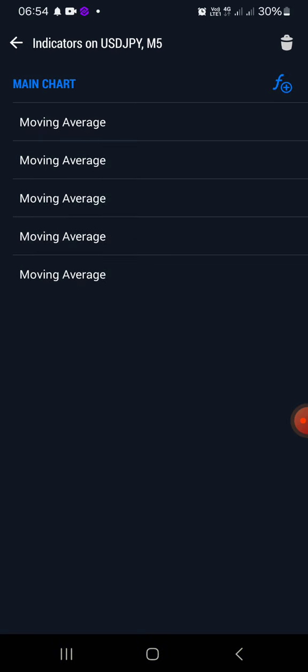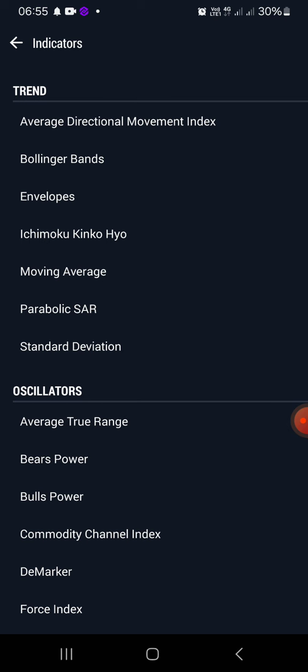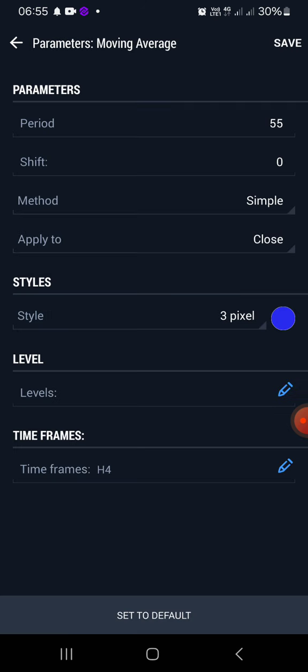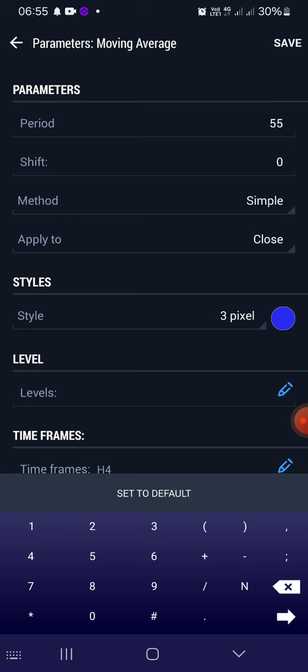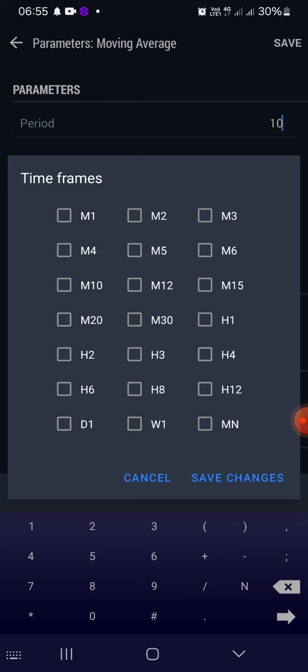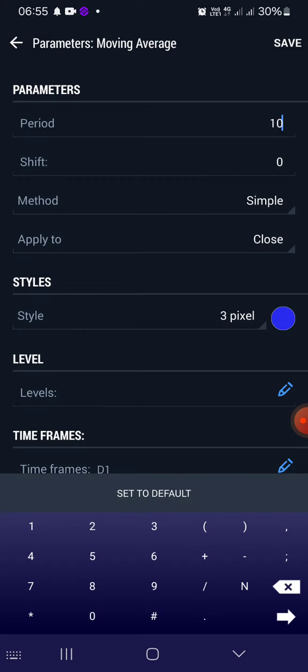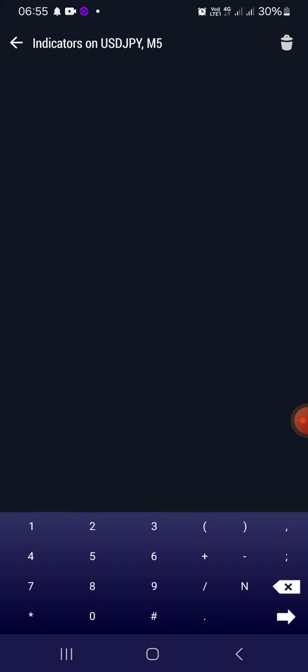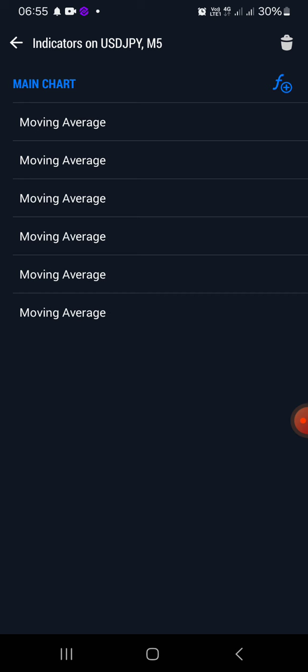And for the daily, I'm moving to the daily time frame. Here is what I'm looking out for: a 10 moving average, and I'm keeping the time frame to daily. So this is how it is.